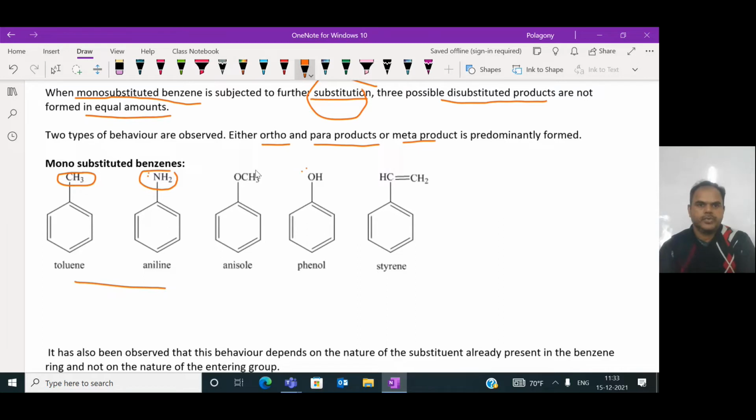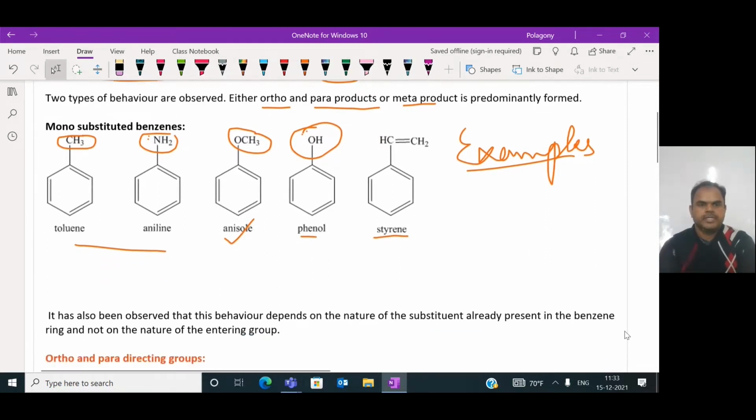If an OCH3 group is present, it is called anisole. If an OH group is present, it is called phenol. And if a vinyl group is present, it is called styrene. These are examples of monosubstituted benzenes.